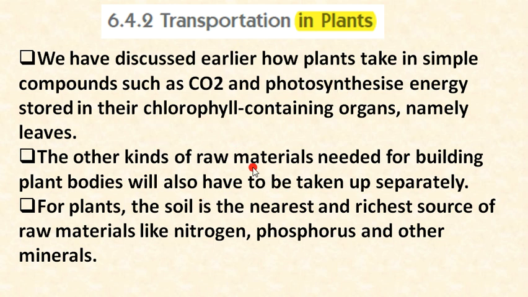For plants, the soil is the nearest and richest source of raw materials like nitrogen, phosphorus and other minerals. Soil is very important for plants because it is nearest, and richest meaning very rich in nutrients.